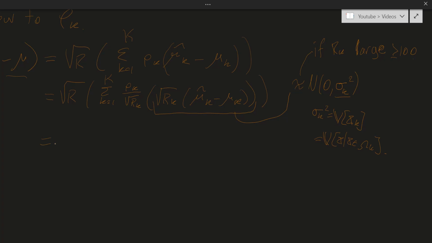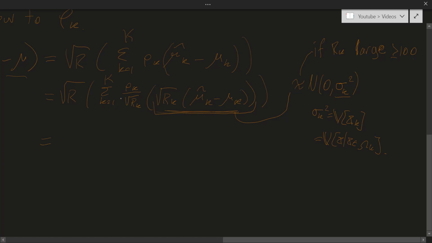But now, this is normally distributed, and we just multiply by a constant and take the sum, and they're independent. So that means that all of this expression will be approximately normal with mean 0 and variance the sum k equals 1 up to K, where we have to square these factors, so r divided by rk, pk squared, and then sigma k squared.